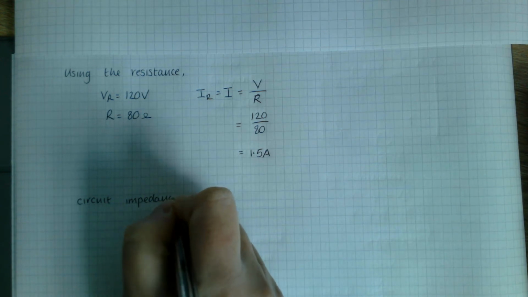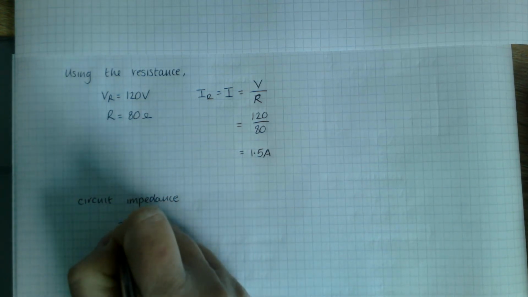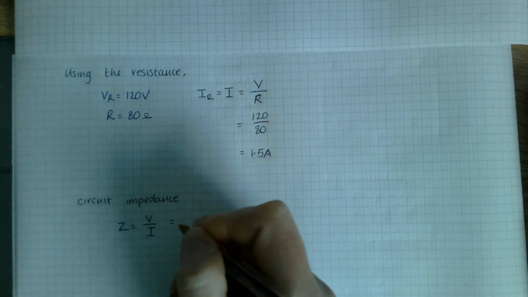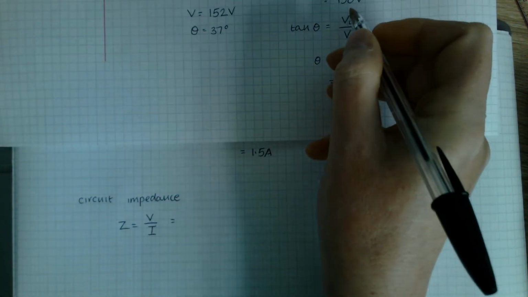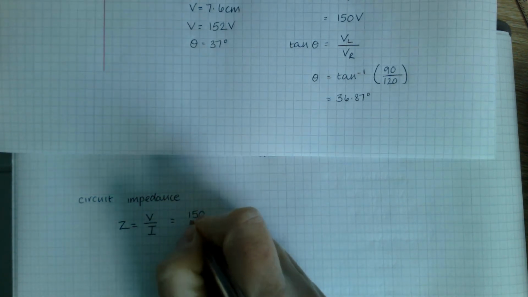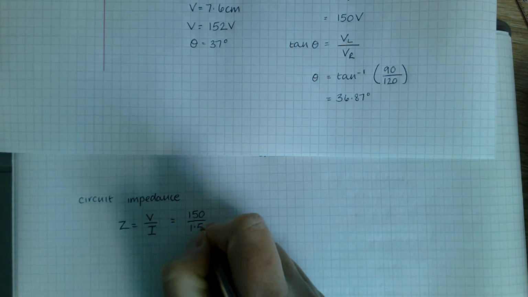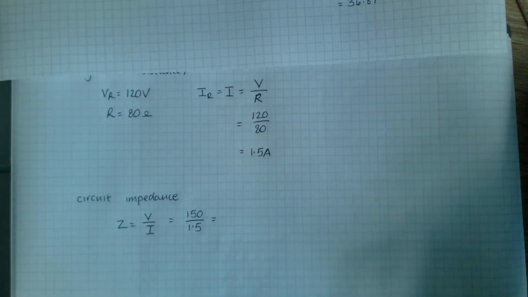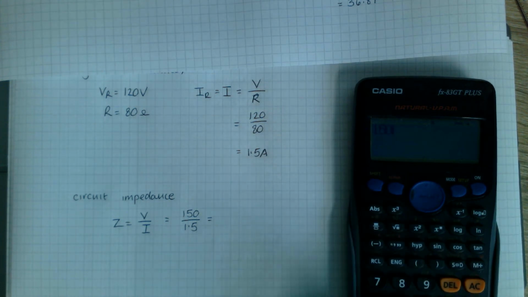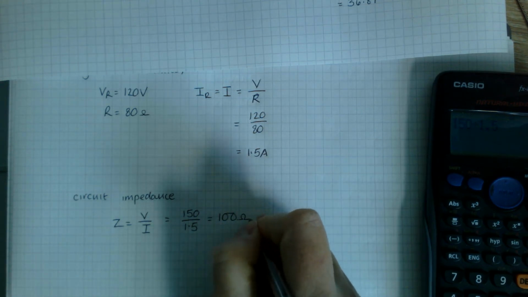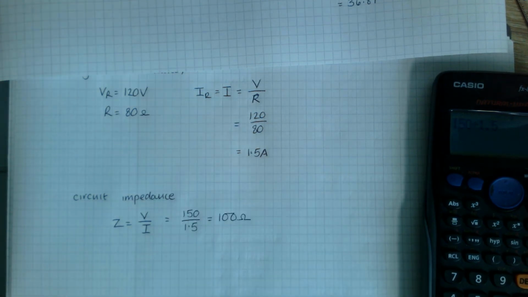As in the total, my circuit impedance Z will be equal to V over I. My voltage is 150, and my I, I've just worked out, is 1.5 amps. So 150 divided by 1.5 gets you 100 ohms. And that's the value for your impedance.